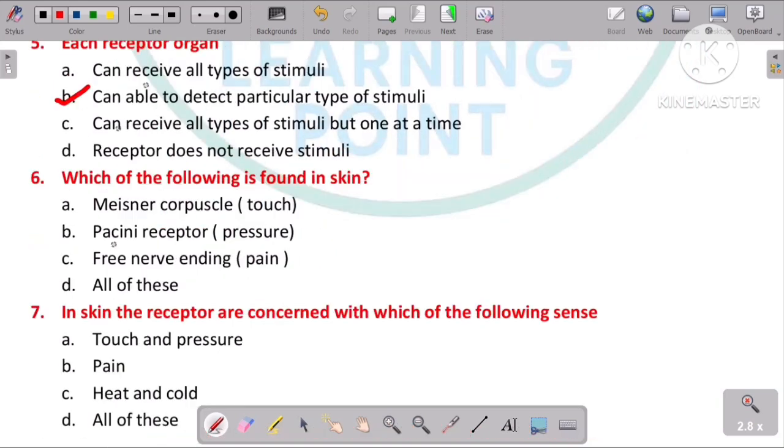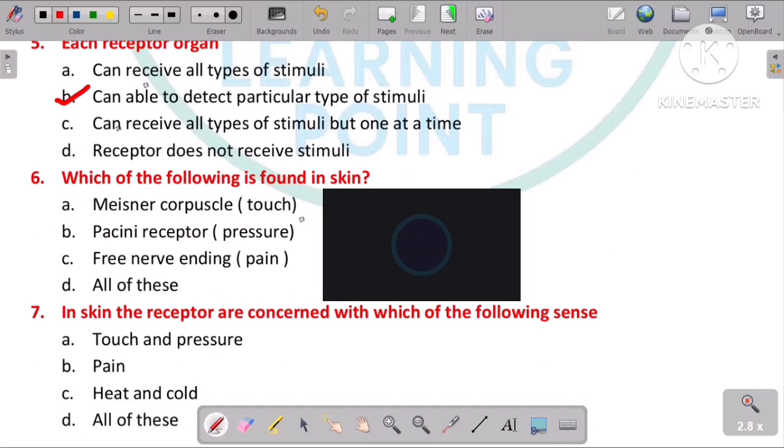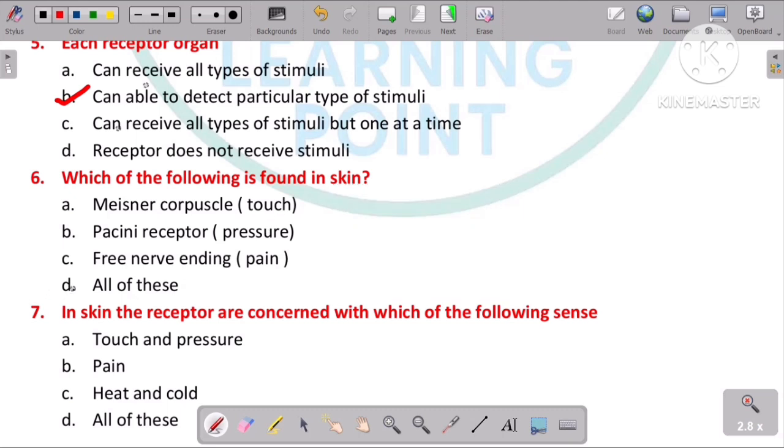So the next question is: which of the following is found in skin? So the right option is option D, all of these.